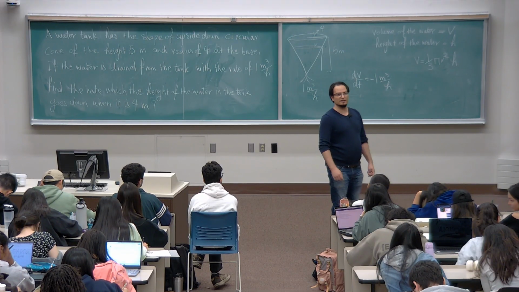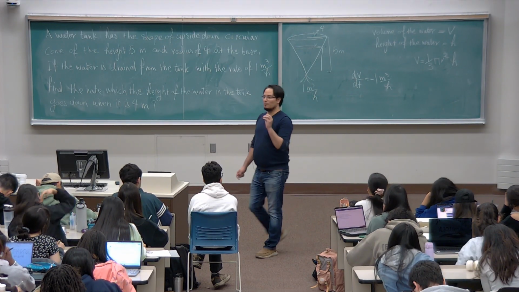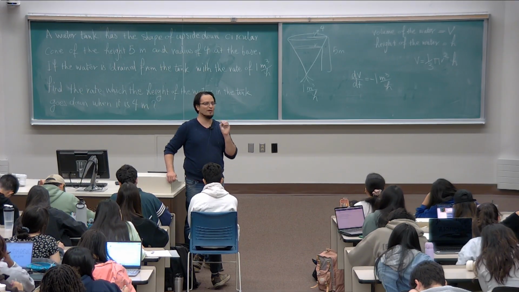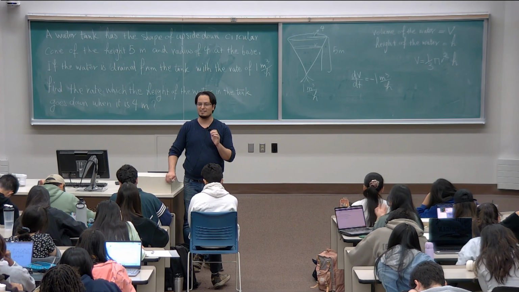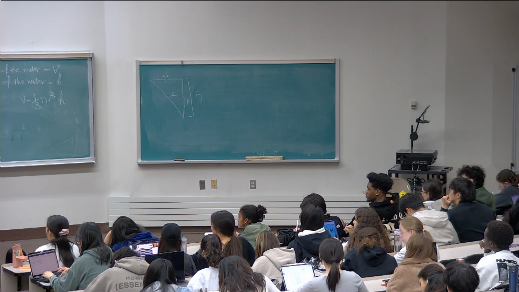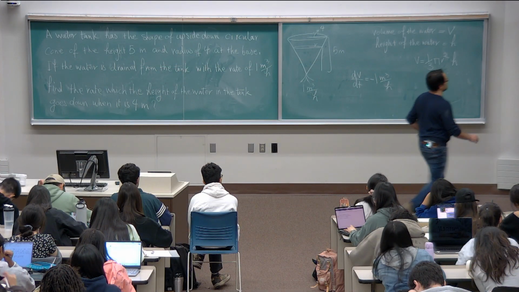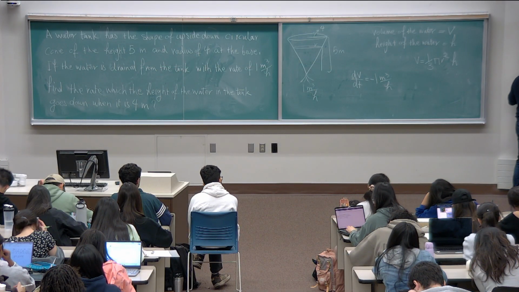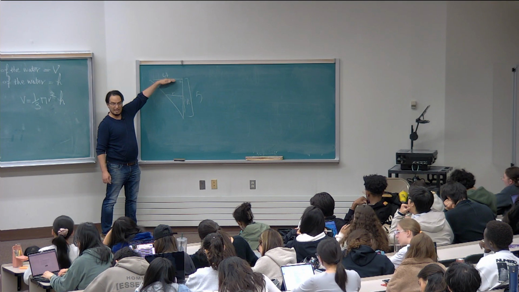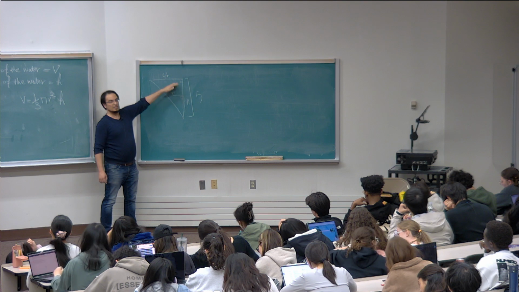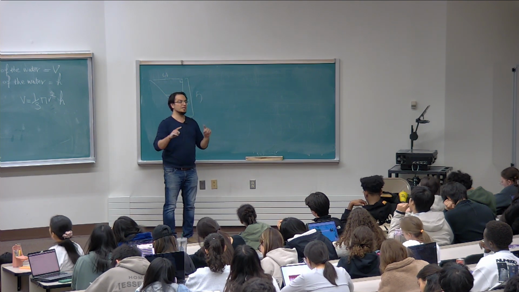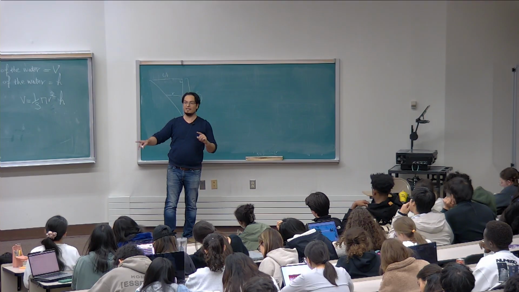Can anyone tell us what was the key word in this case? Similar triangles. These two triangles are right triangles, and this is always going to be parallel to that, so they're similar, and similar triangles have the same ratio of the corresponding edges.